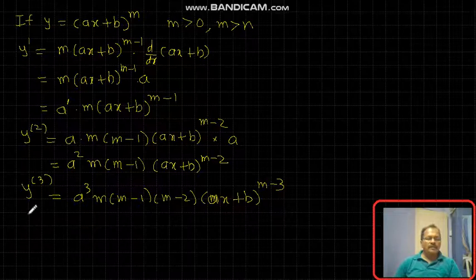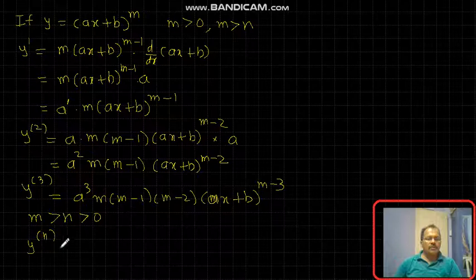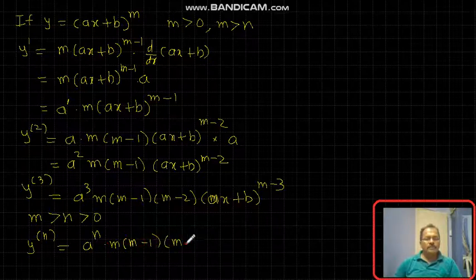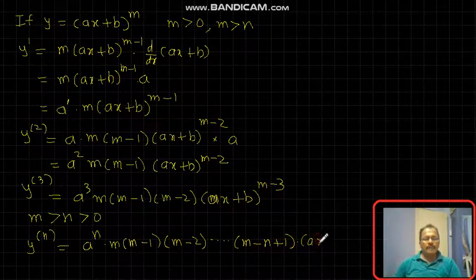And for m greater than n, which is greater than 0, the nth order derivative is a raised to n into m into m minus 1 into m minus 2 into dot dot dot into m minus n plus 1 into (ax plus b) bracket raised to m minus n.